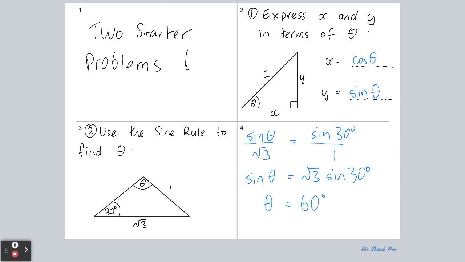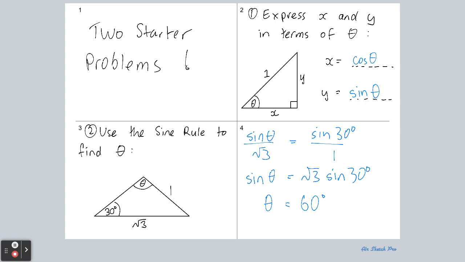But what you've been doing over the last couple of lessons with the sine rule and the cosine rule is you have just been flexibly using sine and cosine to work out the values of angles up beyond 90 degrees. You've just been doing it. The sine and cosine rule works for it.